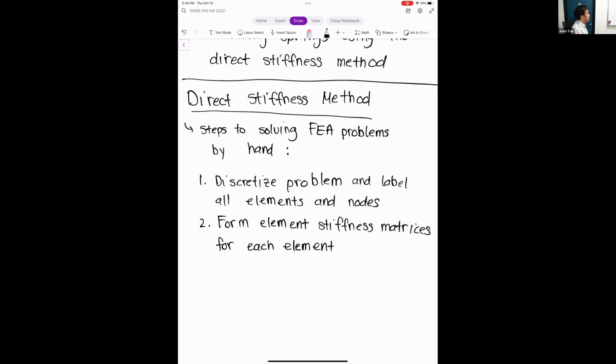Every element in your geometry, depending on the type of element that it is, is going to have its own element stiffness matrix. We've only gone over one element so far, which is just a spring. But over the next few weeks, we're going to introduce different types of elements, and we're going to see what those element stiffness matrices look like.